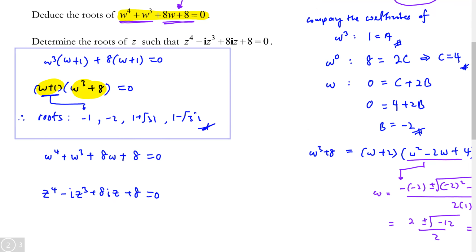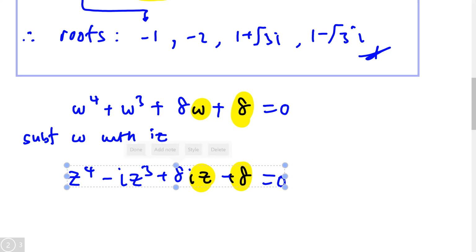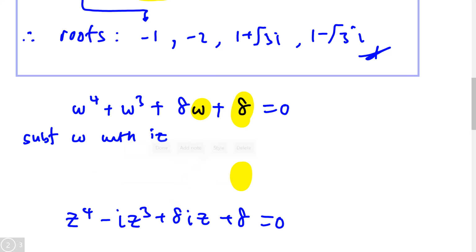I would always ask my students to anchor at the constant. So this is already 8 plus 8, so just keep it as it is. I could see that w is actually being substituted as iz. If you substitute w with iz, you should be able to get this expression. So let's just test it out.